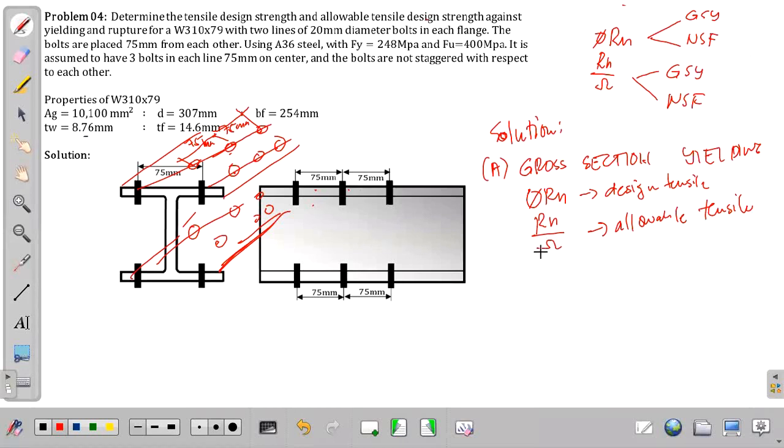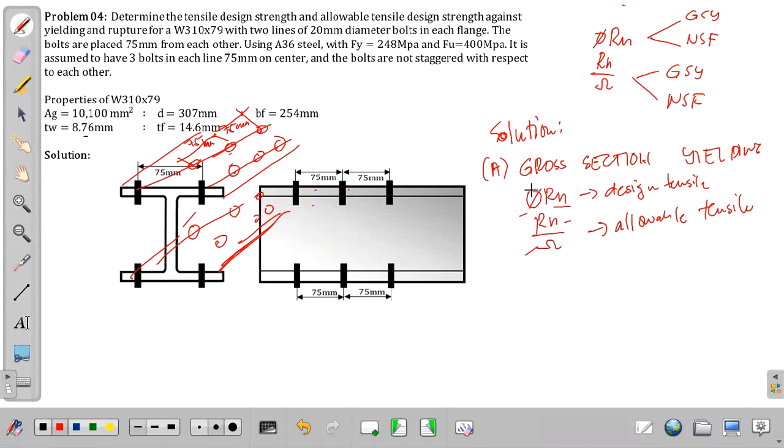So to solve for design and allowable tensile strength, we need to know the value of phi for the design and the value of omega for the allowable. Okay? And also, we need to determine the value of our nominal strength, that is the Rn. Okay?